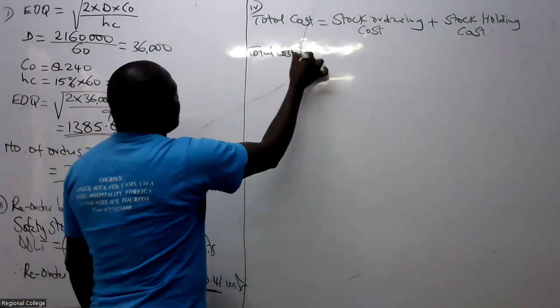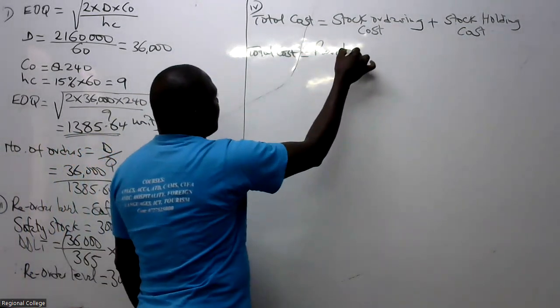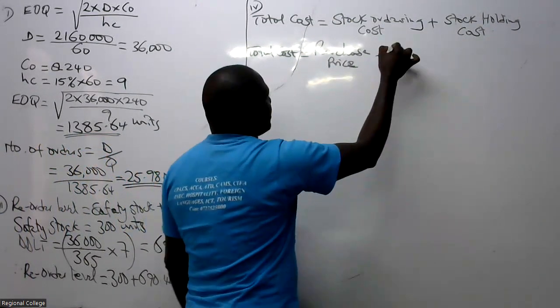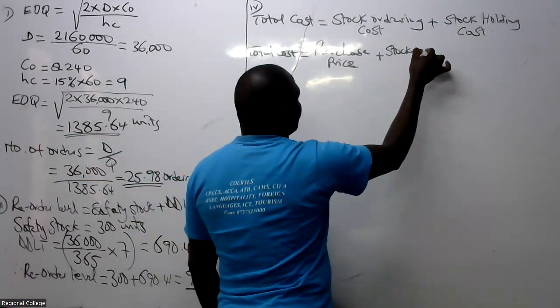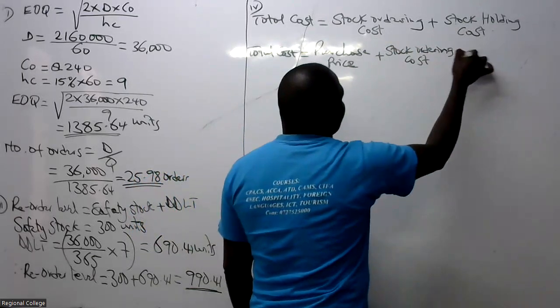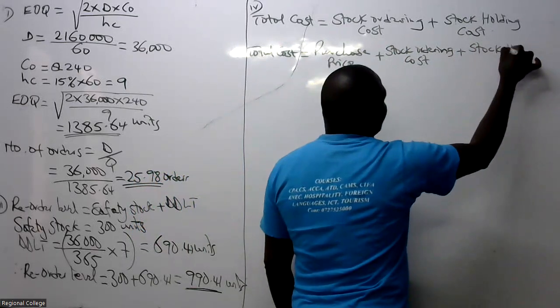total cost will be the purchase price plus stock ordering cost plus stock holding cost.